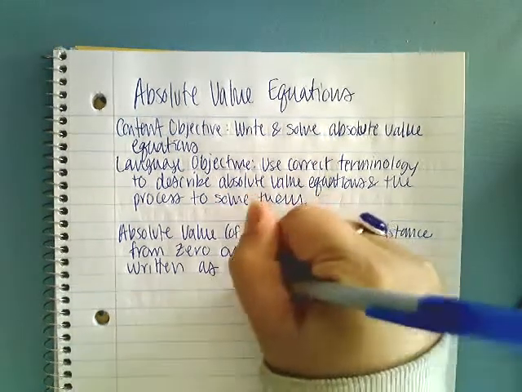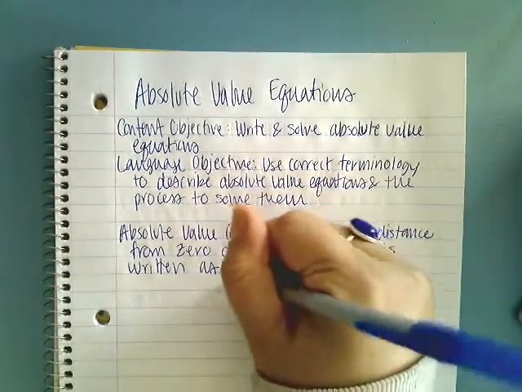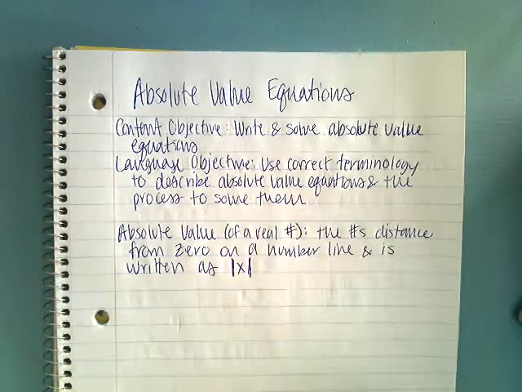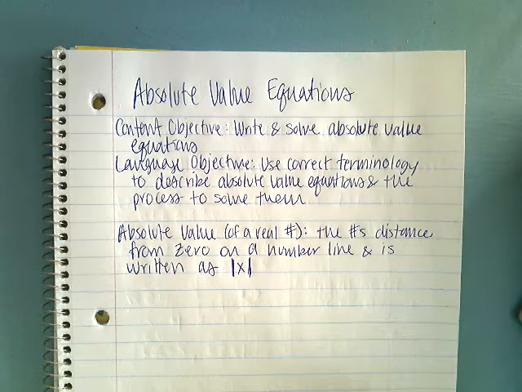So tall line, whatever inside the absolute value, another tall line. So just two tall lines around something indicate the absolute value.